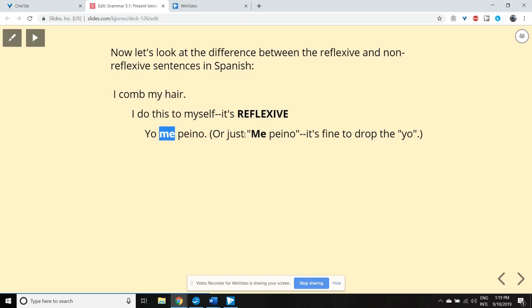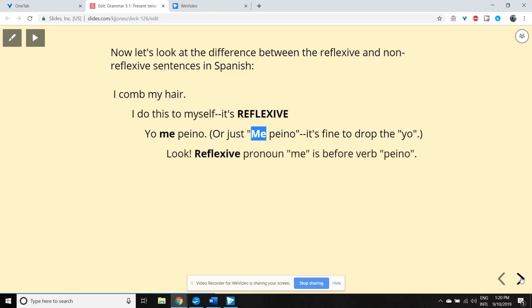Also note that it's fine to just say me peino. You can drop the subject pronoun yo. It's not necessary here. What we do absolutely need, because this action is reflexive, is our reflexive pronoun me. These are two different parts of speech, just like I, the subject pronoun in English, and myself, the reflexive pronoun in English, are two different parts of speech, okay?